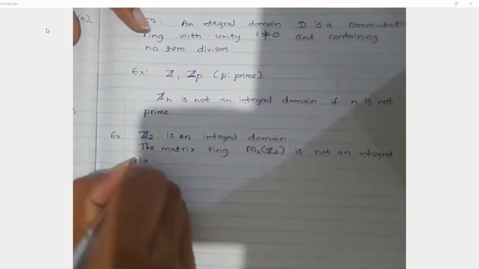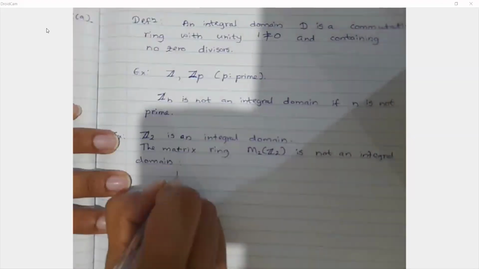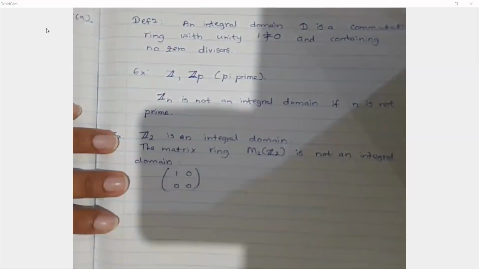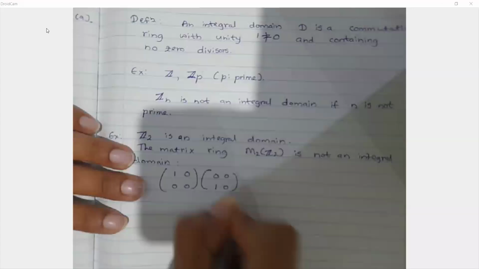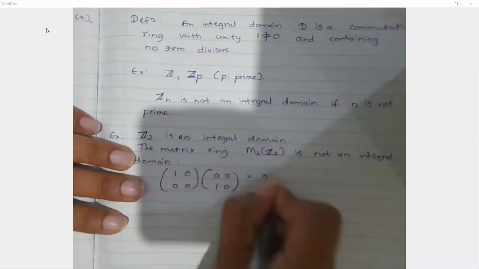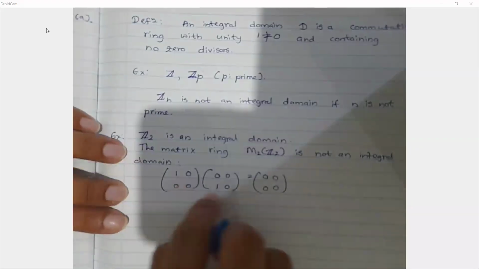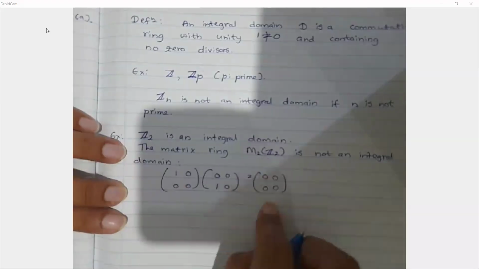As an example, we have the matrix [1, 0; 0, 0], an element in this matrix ring, an order 2 matrix where entries are from Z2, times [0, 0; 1, 0]. Once again, 2 elements from this matrix ring, and the product gives you the 0 matrix. We have 2 non-zero elements in this ring where the product gives you a 0.